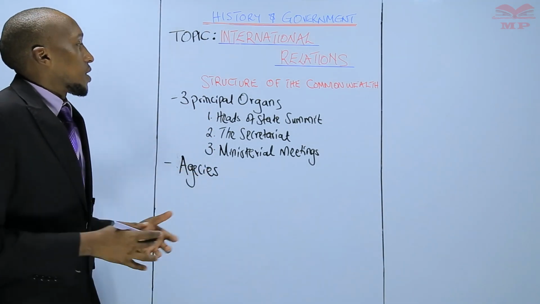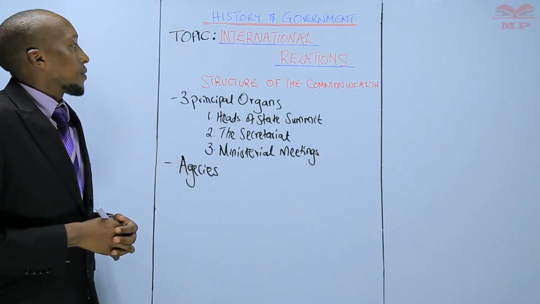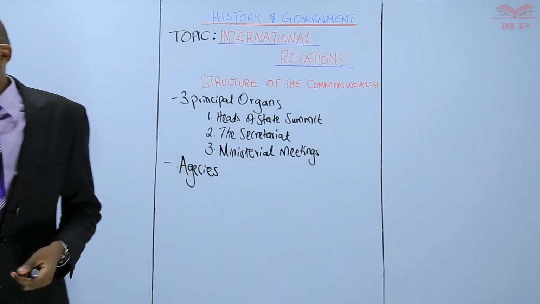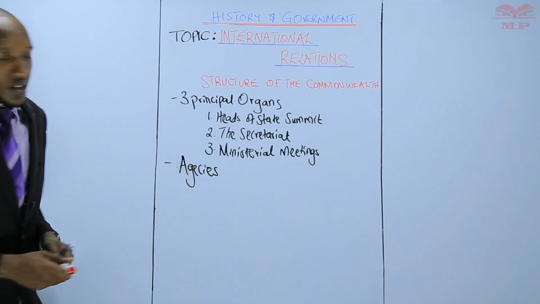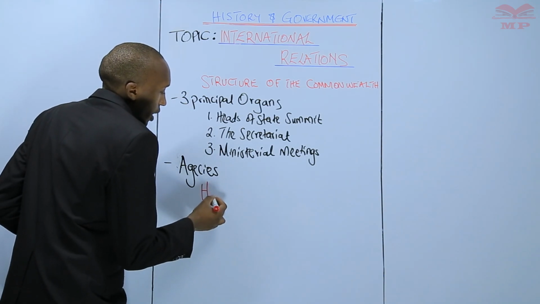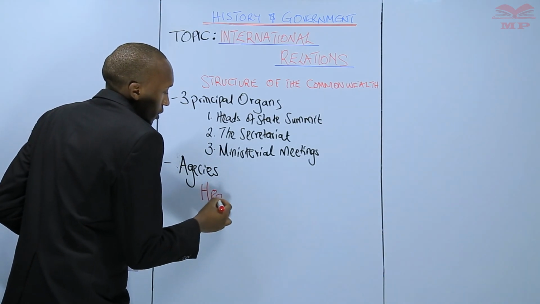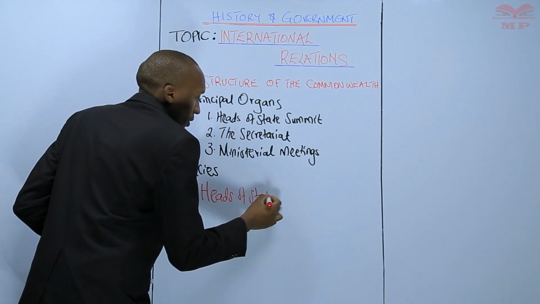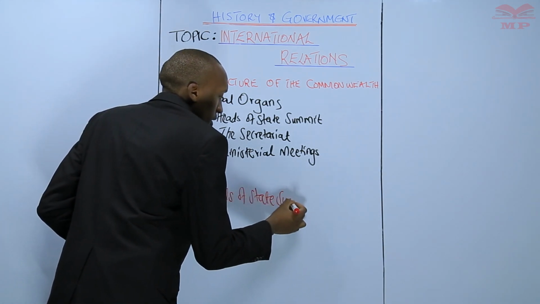Those are the organs of the Commonwealth. So let us start with the first one, which is the heads of state summit.